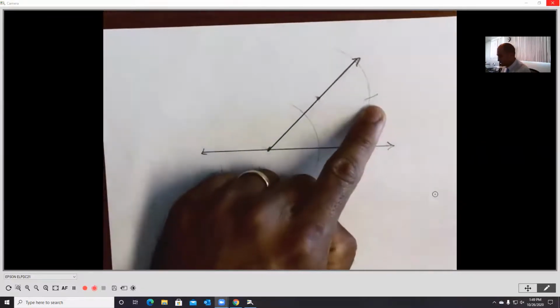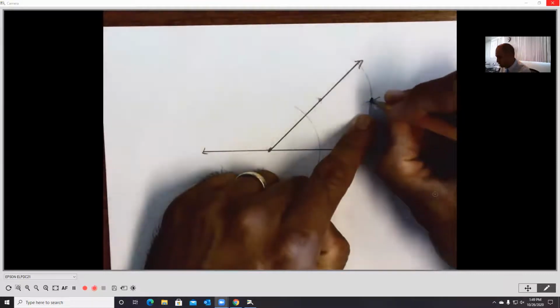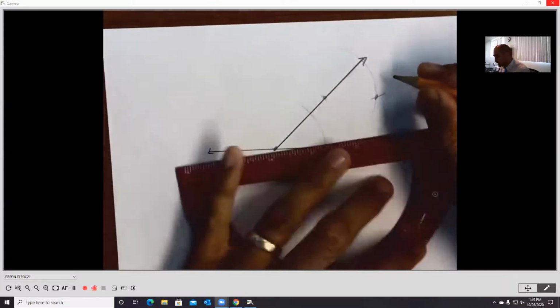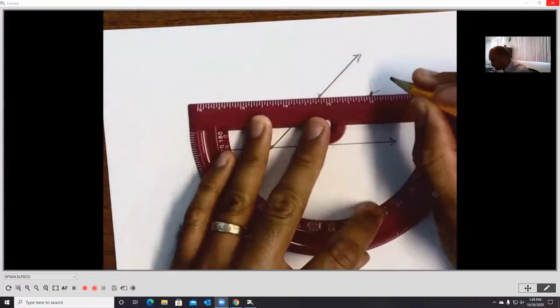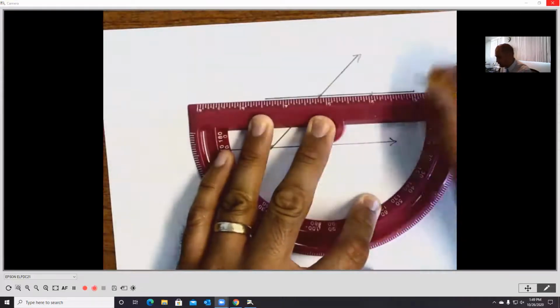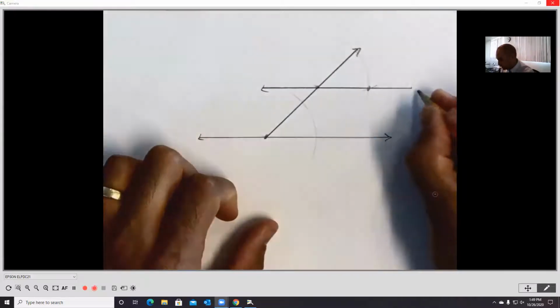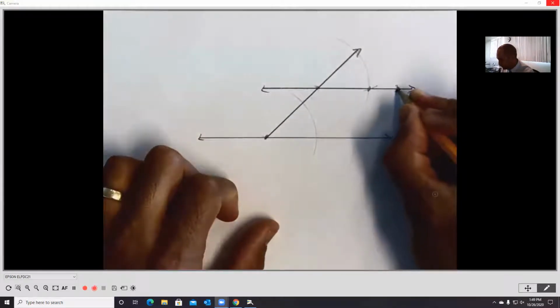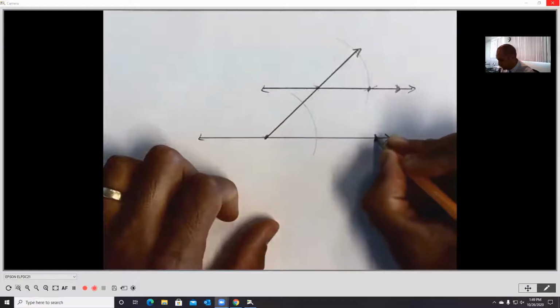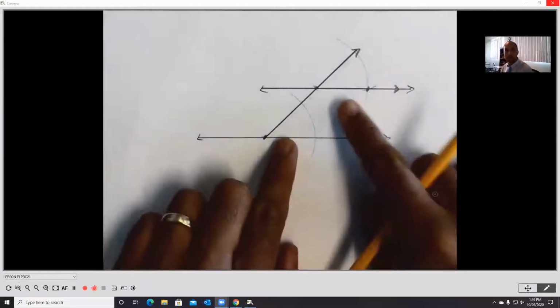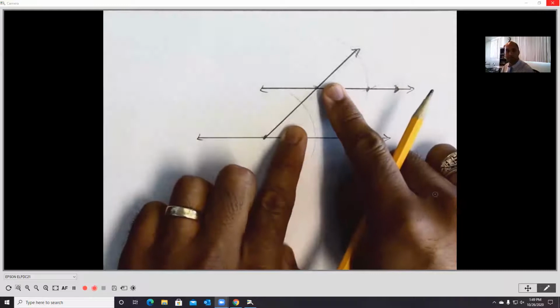I now have 2 intersecting arcs right here, which meet at a point. And once I connect it back with that original point off the line, I've made parallel lines right here. This line is going to be parallel to this one. Congruent corresponding angles.